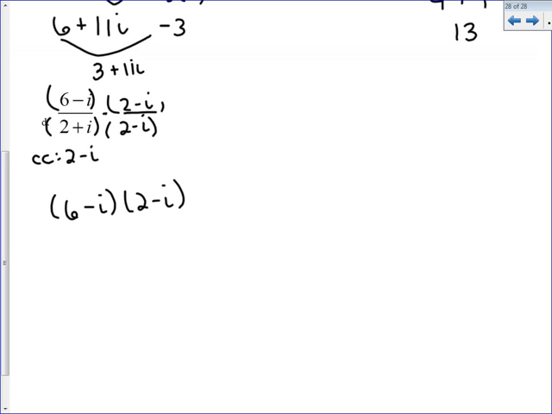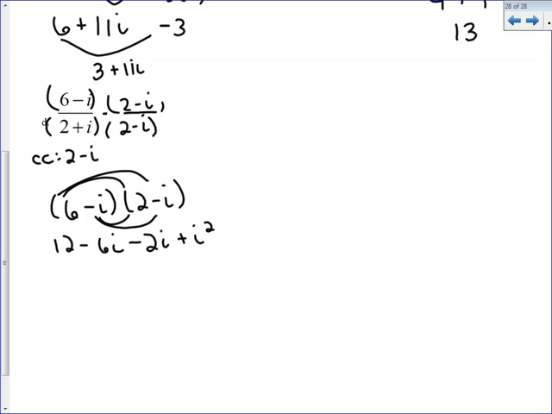Starting with my numerator, 6 times 2 is 12. And then the negative i just says it's a positive times a negative, so negative 6i. Same thing here, negative i times positive 2 is negative 2i. And negative i times negative i is positive i squared. Now these i squareds that hang out by themselves can be a little trickier, but for the most part you guys got them.